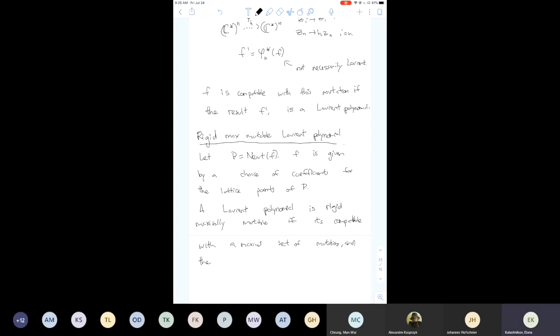And the coefficients are uniquely determined by this property. That's rigid maximally mutable Laurent polynomials.